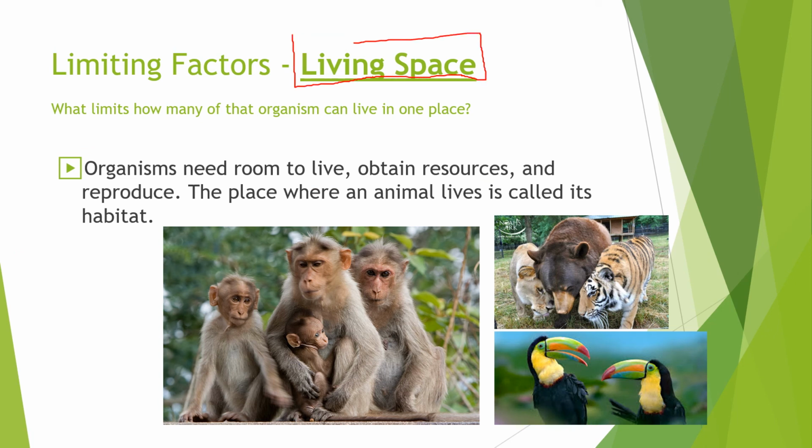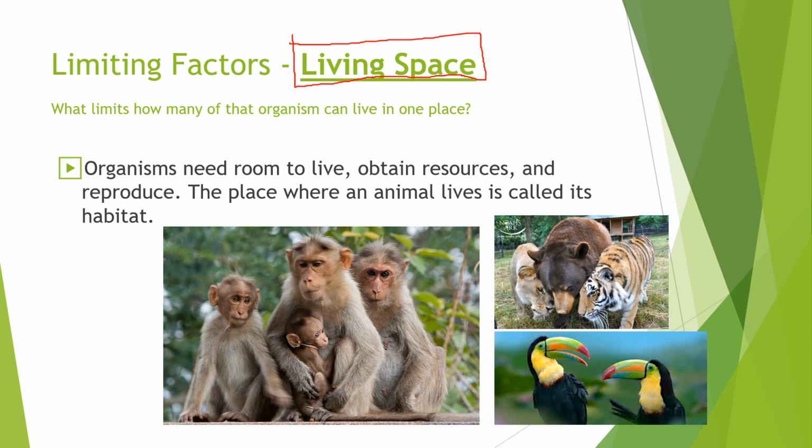The last limiting factor is living space. This becomes extremely obvious when talking about territorial animals like tigers, lions, bears, things like that. But even monkeys, they have to have a space to live. Toucans as well, really any animal, they have to have enough room for them to have their environment. Different species need more area for their territory. Obviously, bigger cats need a bigger territory than, say, a small cat or kitten.